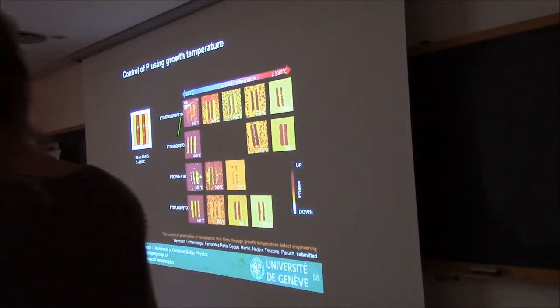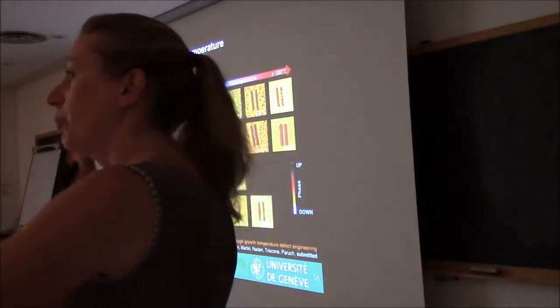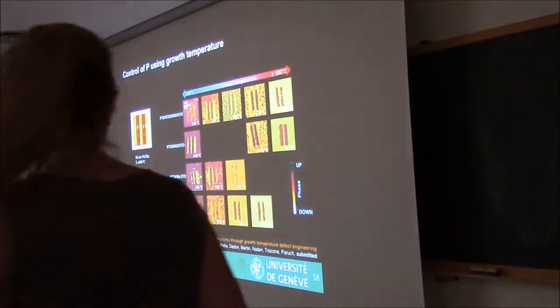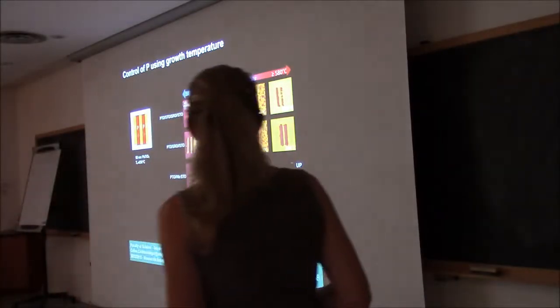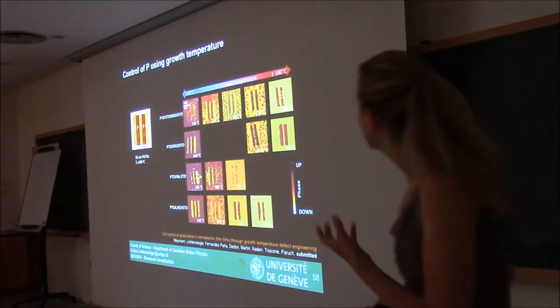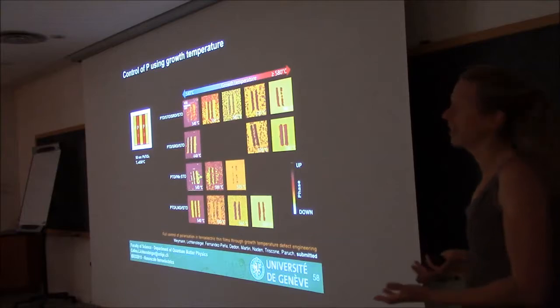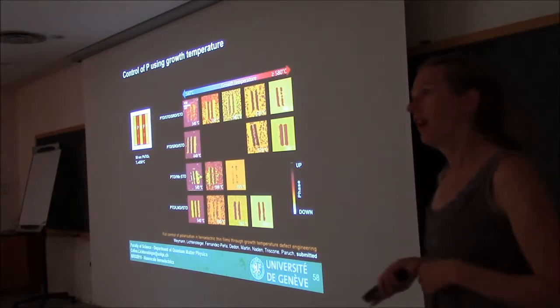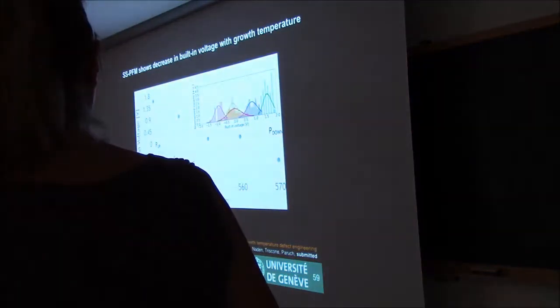Depending on the electrodes that you are using, you can shift this temperature a bit in one direction or the other. So this is quite interesting because if you don't have a choice of electrode, you can still tune the built-in field and the polarization orientation.